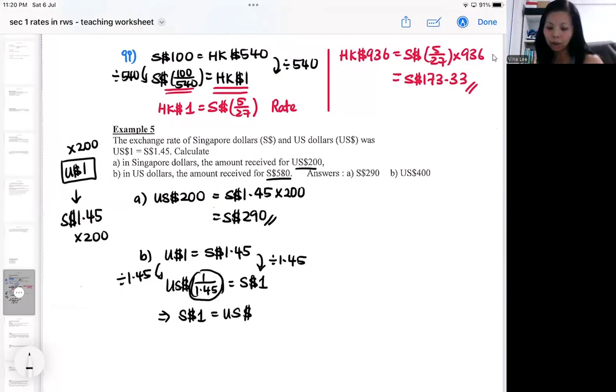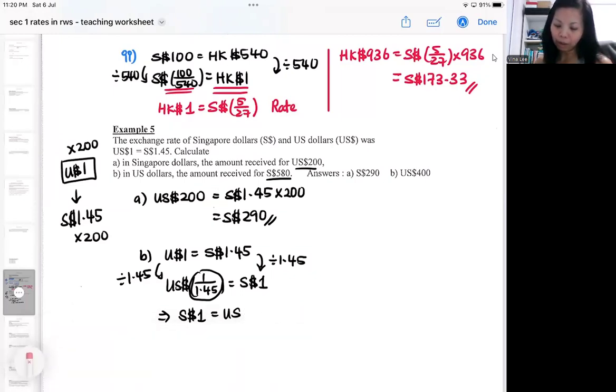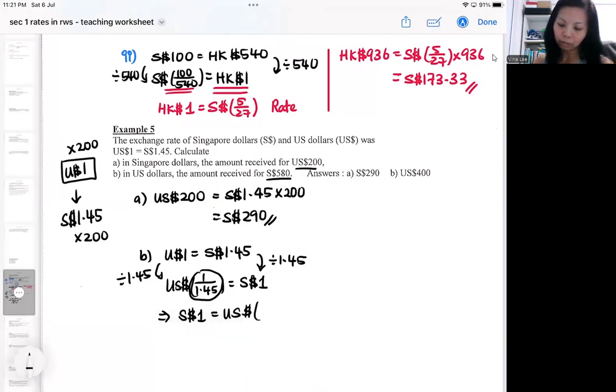If you press it out, you will get a lot of decimals, so write as many as you can. Or else, if you are lazy to write so many, I will just leave it in fraction.